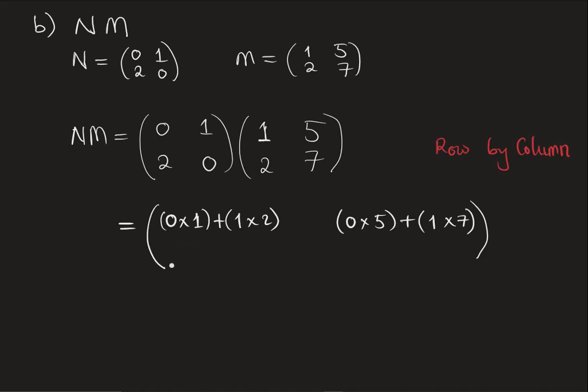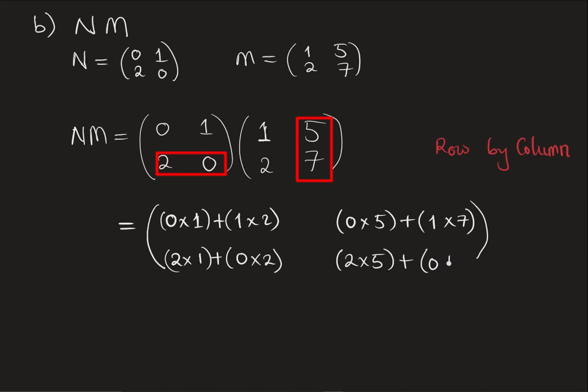So the answer that is supposed to be here is supposed to be us multiplying the second row and the first column. We have a 2 multiplied by 1 plus 0 multiplied by 2, and then for our last element we're going to have 2 multiplied by 5 plus 0 multiplied by 7.